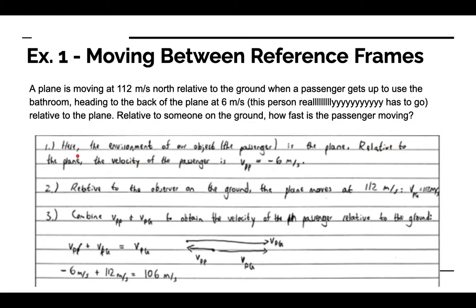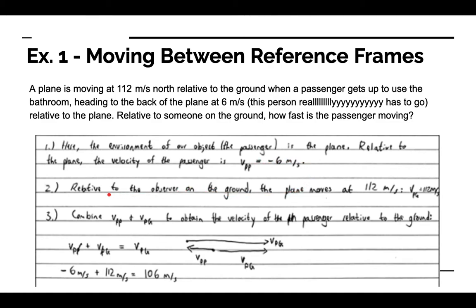First, we determine the velocity of our passenger relative to the plane. The passenger relative to the plane, their original environment, is 6 meters per second, but since they're heading towards the back, aka south, we'll take that to be negative. So the velocity of the person relative to the plane, what we call VPP, will be negative 6 meters per second.